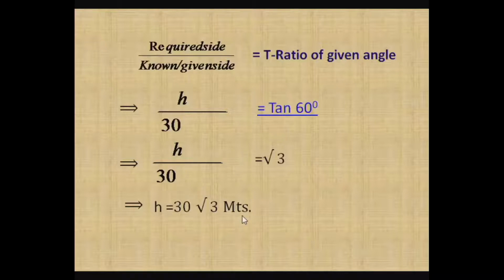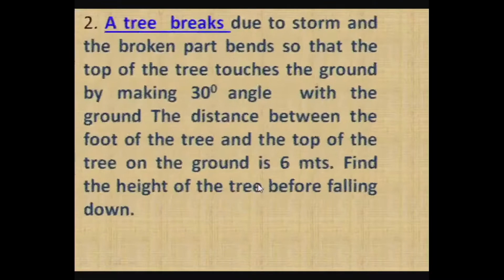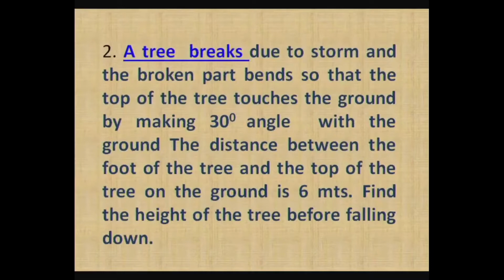It is the height of the tower which we have to find. Without actually measuring the height of the tower, we found that the height of the tower is 30 root 3 meters. Now, let us glance at one more problem by using the same trigonometric ratios.